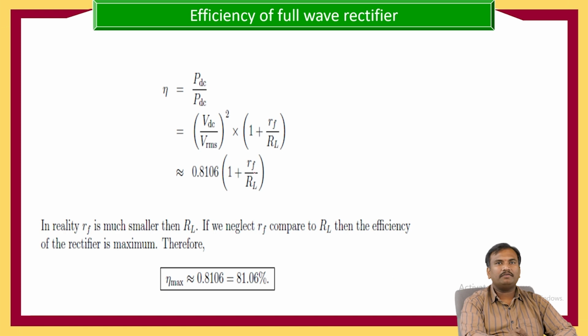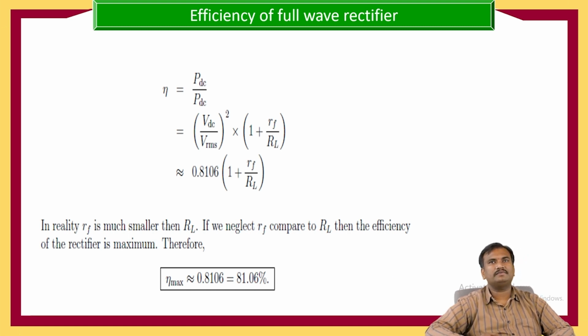In reality, RF value is smaller than RL. If we neglect the RF compared to load resistance, then the efficiency of the rectifier is maximum. Therefore, the maximum efficiency is 81.06% for full wave rectifier, whereas for half wave rectifier we got around 40.53%.